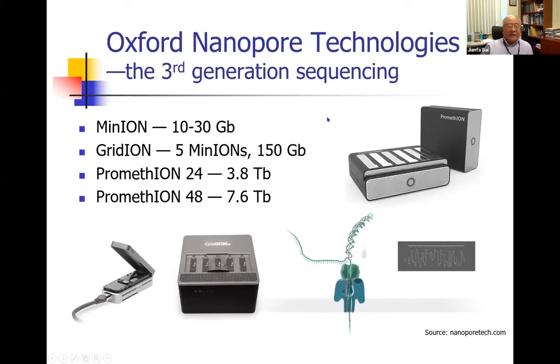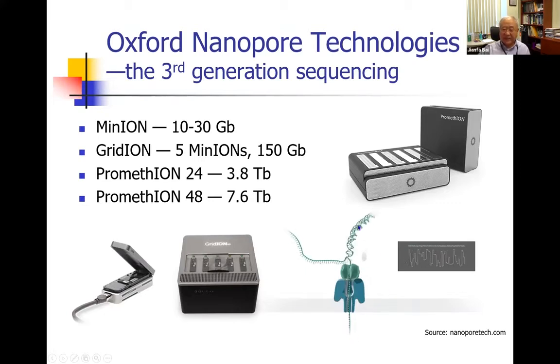And also in the UK, there's another one coming out, and people have been really interested in this. Some people call it third generation sequencing. So you have a protein pore supported on a solid surface.